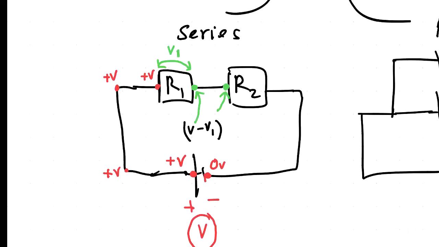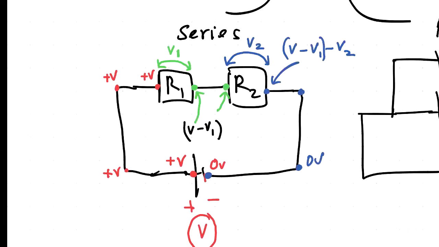And if we consider this point, now what will happen? There's another voltage consumption. This is going to be V2, right? So this point is going to be V minus V1 minus V2. And so here, same point, here, same point, and here also, eventually, it becomes the same point.